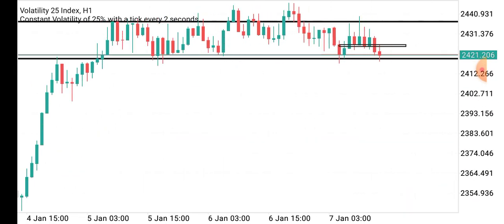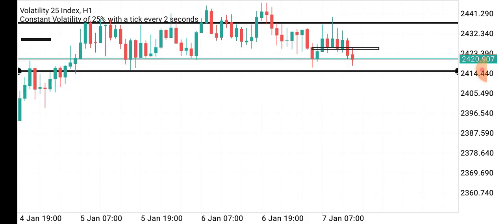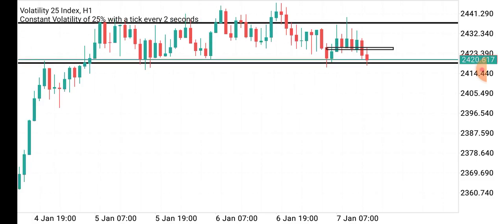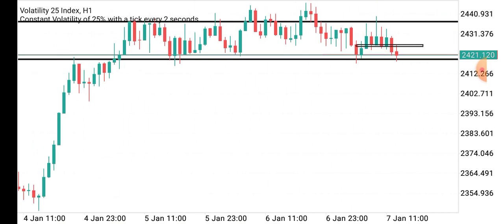You wait for the market to go below this low where we have these wicks and close below it. Once it closes below it, you look for an entry, then you enter the trade, and your stop loss should be just above that same black line, guys. You see that the market is going to sell nicely, and you make some profit.